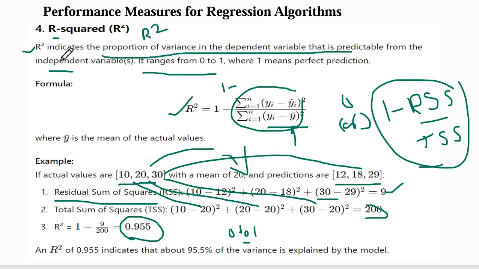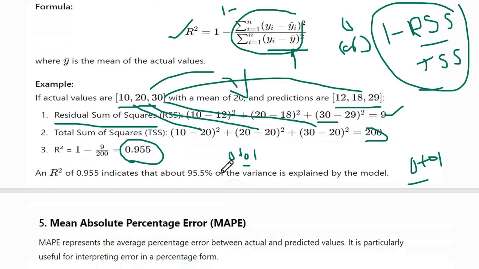That means if the R square value is more, the model is good; if it is low, the model is not good. And the R square value is in between 0 to 1 only. If you want to convert it into a percentage, multiply it by 100. That is about the R square metric.